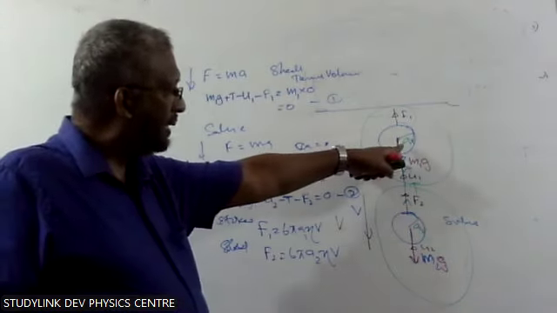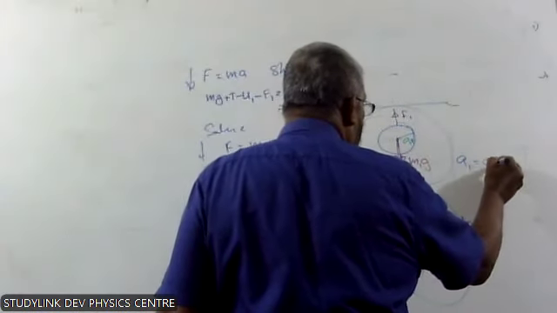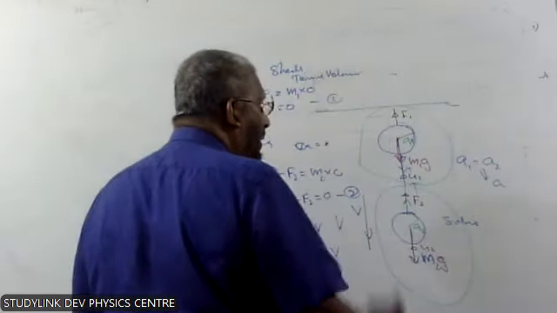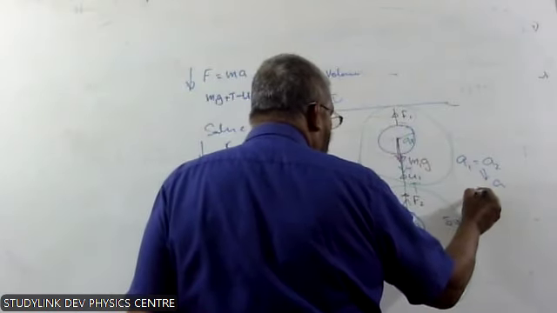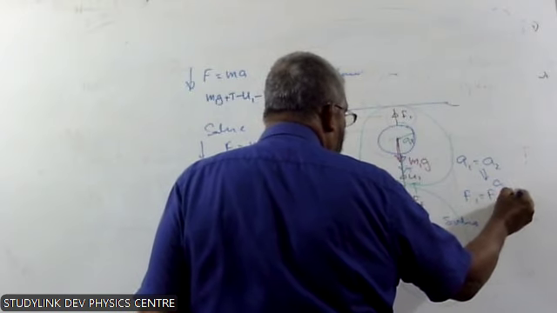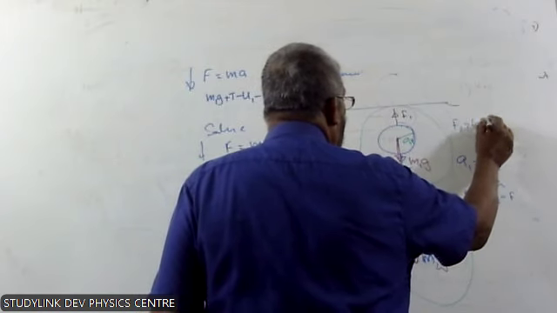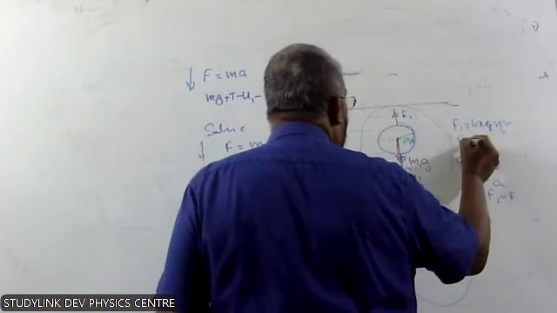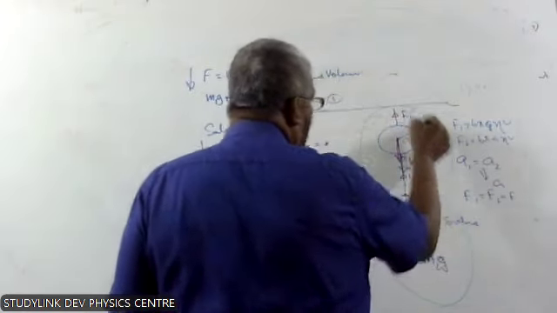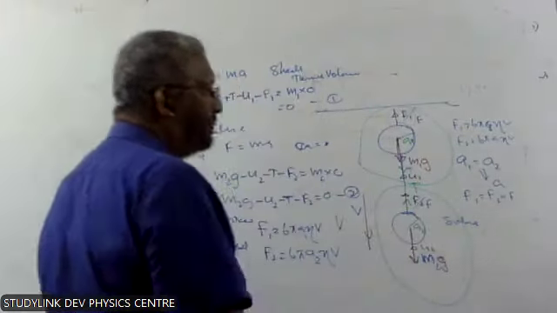Here, I want to explain another thing. If A1 is equal to A2, that means we'll say both are given as A. Then remember, F1 is equal to F2. You can mark it as F. Why? F1 is equal to 6 pi A eta V, F2 also the same, 6 pi A eta V. So therefore, there is no need to mark F1, F2 separately. You have to decide it.